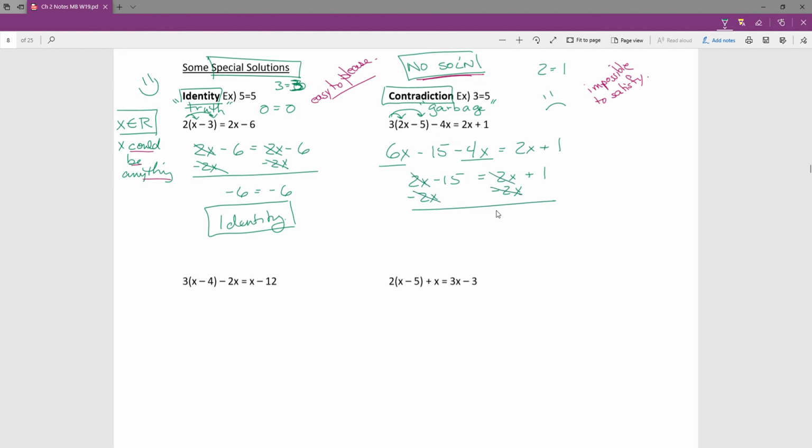And when I do that, things get weird. I get down to this line of garbage. Negative 15 does not equal 1. And this is not your answer, but this tells you that this is a contradiction. It means that there is no possible solution for these ones, that you can never find an x value that's going to satisfy this equation and be a solution.